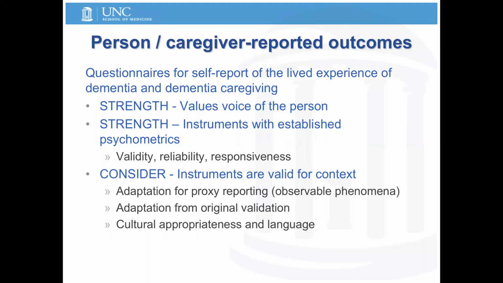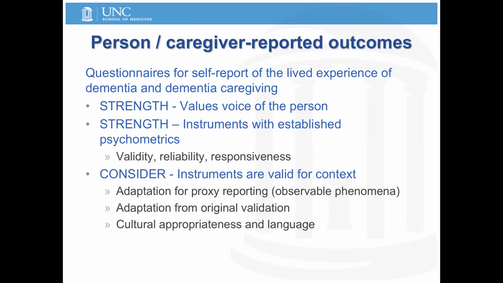These are also typically captured using instruments that have established psychometric properties. Another strength, you can dive into the world of measurement instruments and find individual instruments that probably capture the domain of interest that have established validity, reliability, and possibly even responsiveness to intervention.